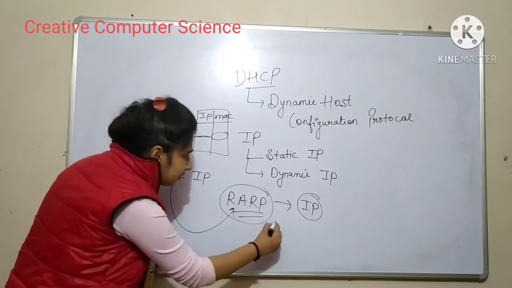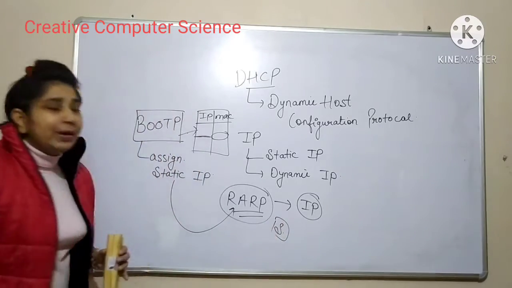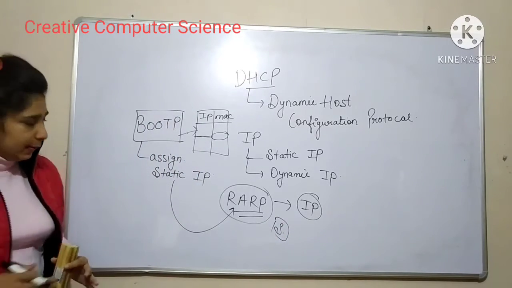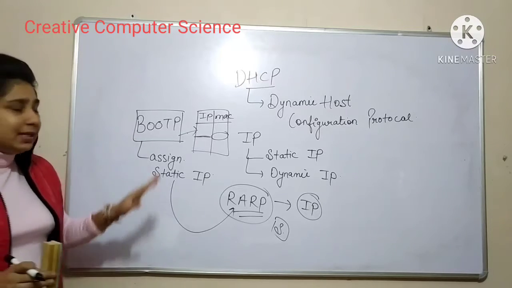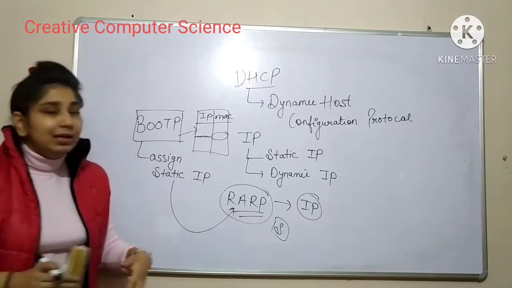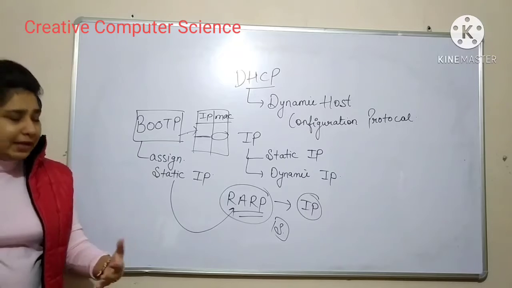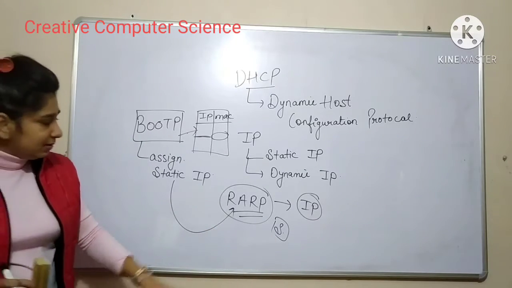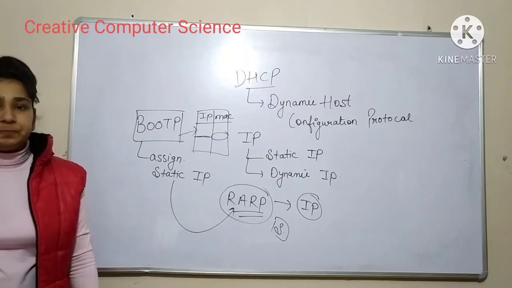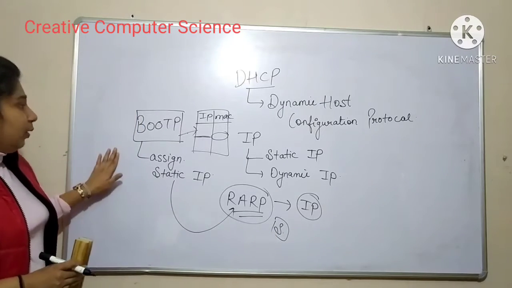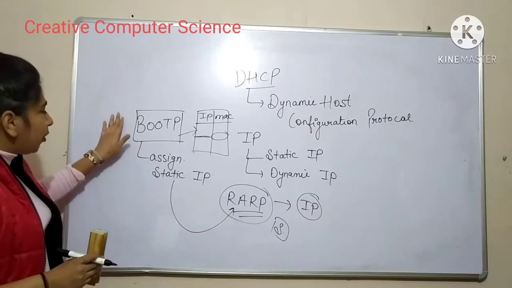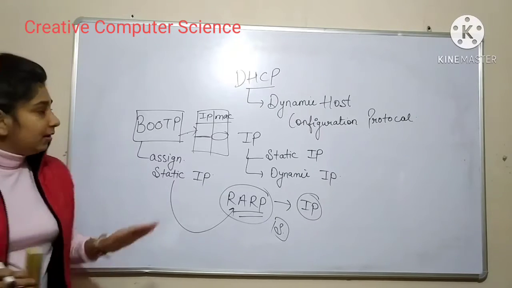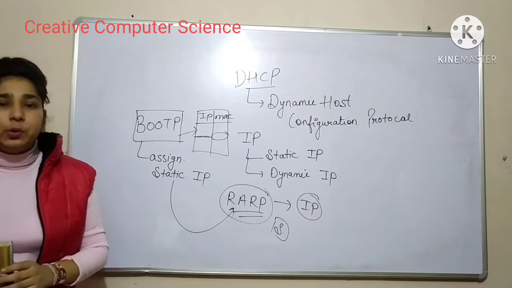Let's suppose this machine wants to get an IP address. BOOTP is going to give this machine one permanent fixed IP address. But we really had a problem while using the BOOTP protocol.